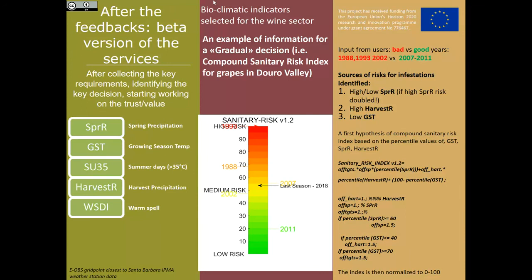And that was our first base to decide which indicators we would use for Met Gold.